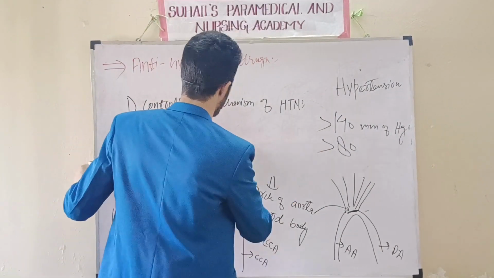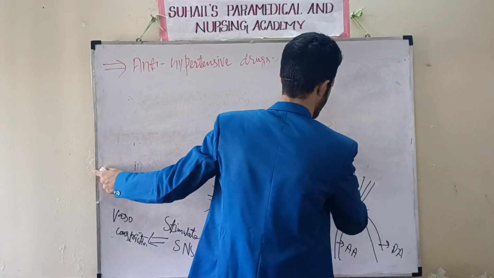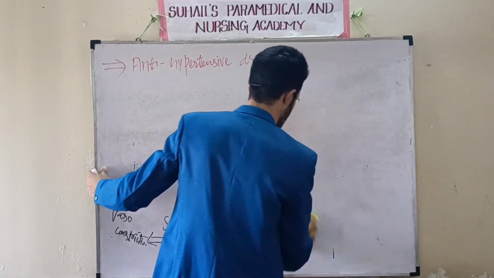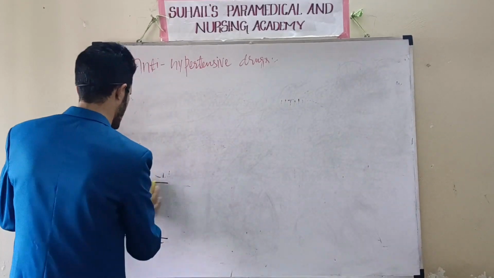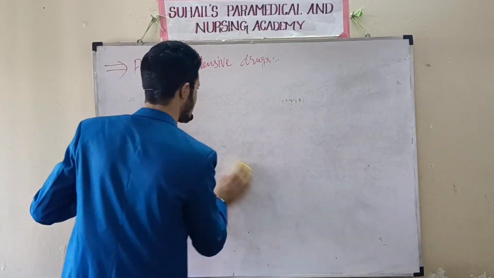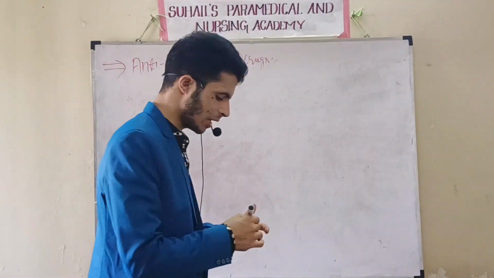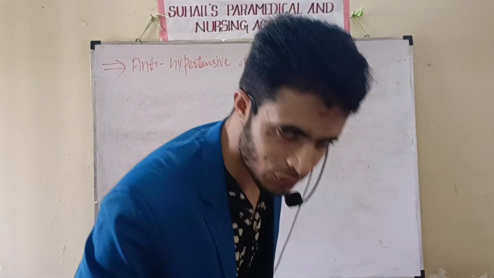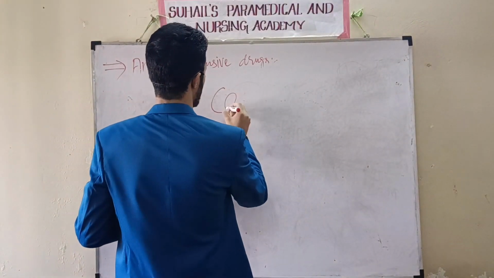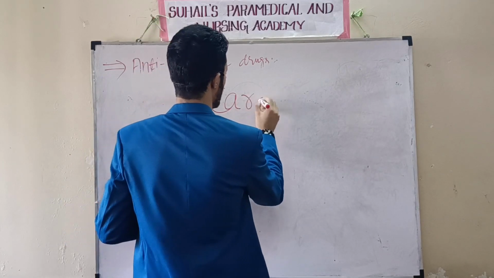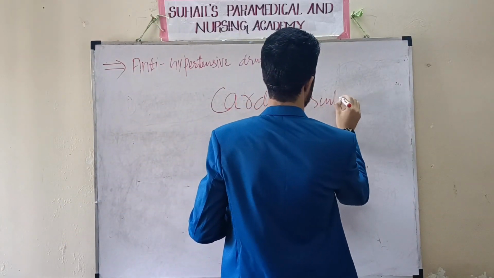Now I will explain the classification of antihypertensive drugs. What is the classification of antihypertensive drugs? To remember the classification of antihypertensive drugs, you have to remember one mnemonic, that is CARDIOVASCULAR.